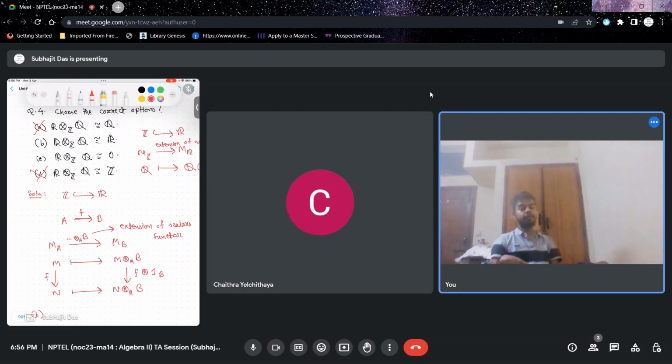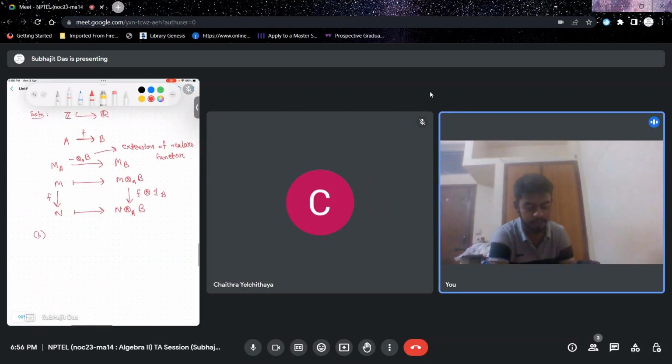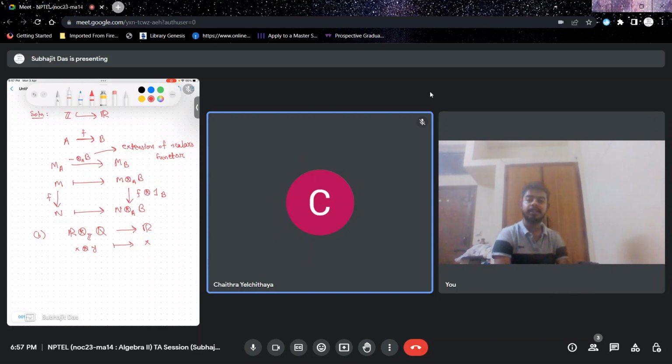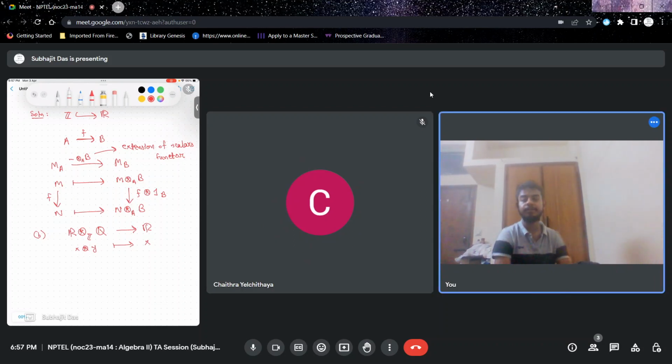A projection kind of map. Okay, that's a good thing to say. So what you are suggesting is a map like this: x tensored with y maps to x. But tell me something, Chatra. Is this map well defined? First of all, since the tensor product is a quotient of the free module generated with basis R cross Q, two elements can get identified, right?